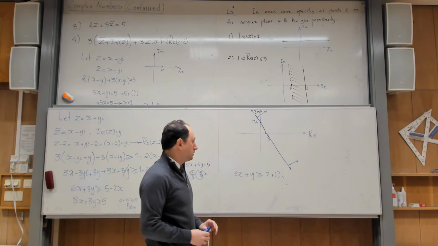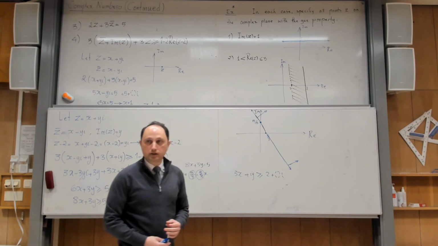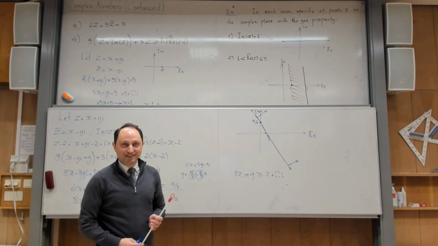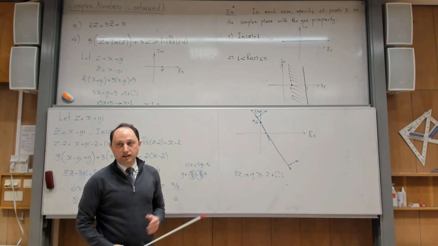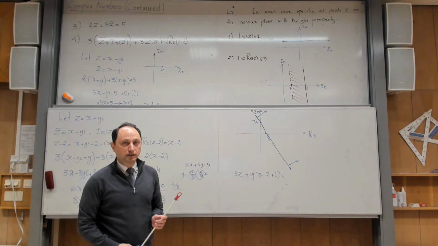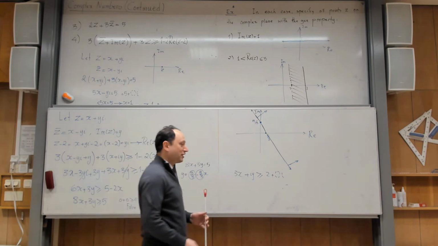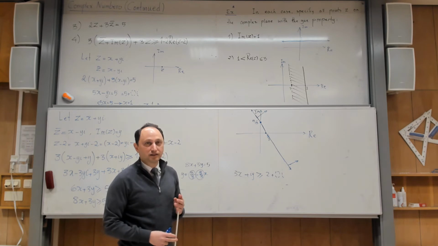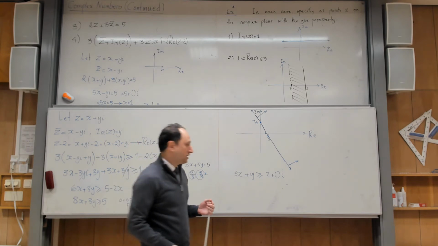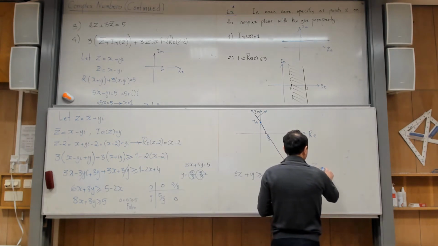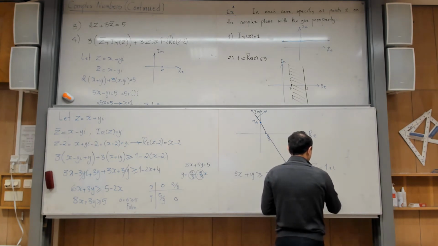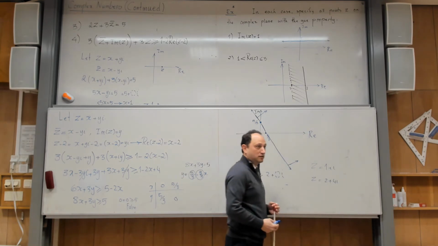Why do you think the notion of inequality is harder in the complex plane? Or actually doesn't exist at all, unless you want to define it in some way. Why is that? Because if I give you two complex numbers, which one is bigger? We haven't defined that yet. For example, if I tell you z is equal to 1 plus i, and I tell you z is, I don't know, 2 plus 4i, which one is bigger?